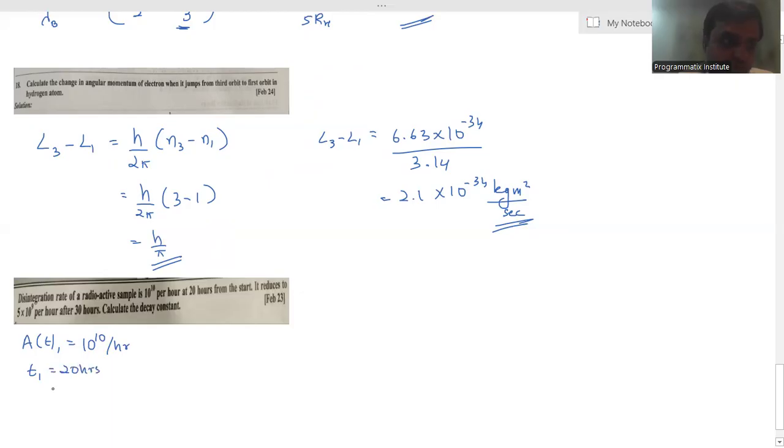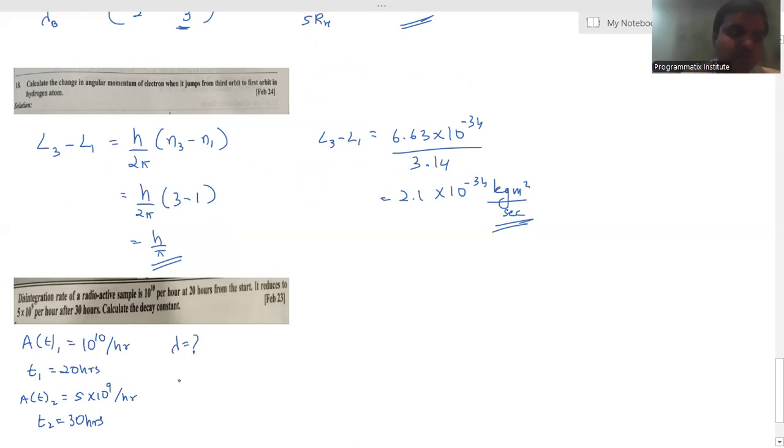This is given to you. And again, A2 is given as 5 into 10 raised to 9 per hour, and T2 is 30 hours, right? And you have to find lambda. Lambda is your question mark, correct?